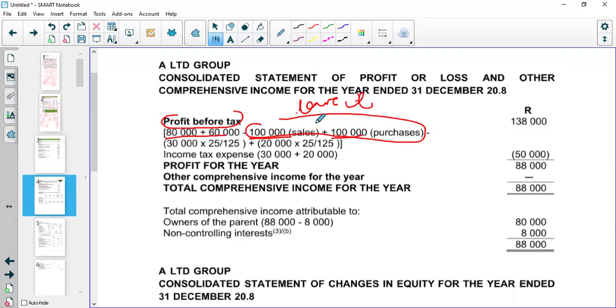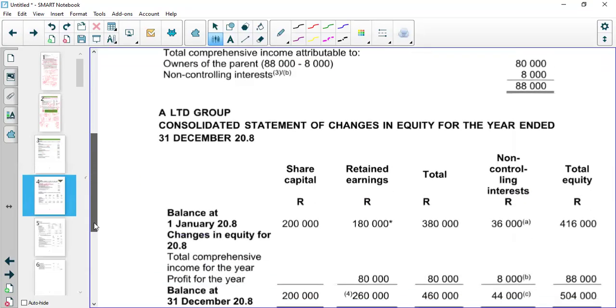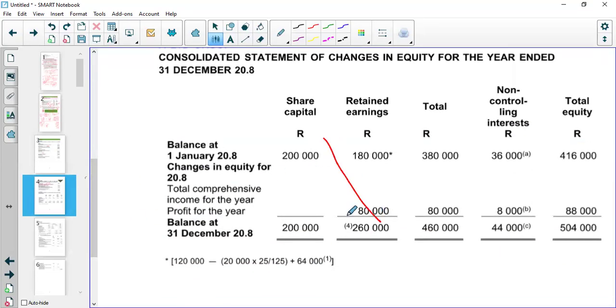But now you have to subtract the unrealized profit in closing inventory and add the opening, because this is now realized.